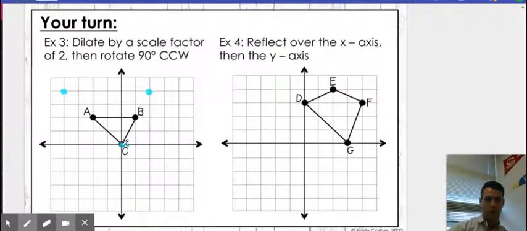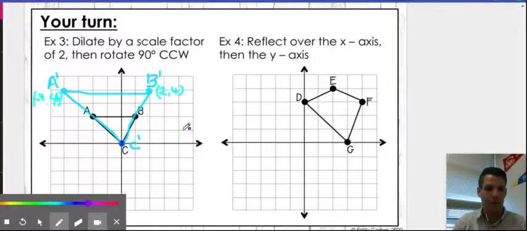So very easy stuff so far. We just are doubling those points for our dilation, and we have our first image, and we can label it as A prime and B prime and C prime.